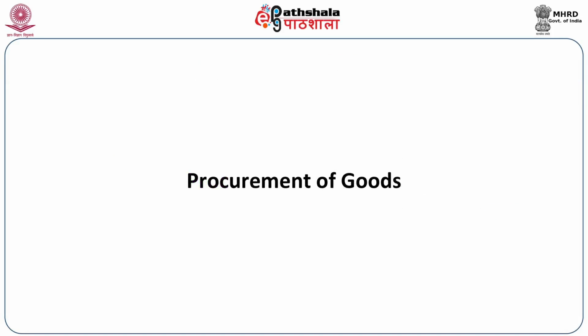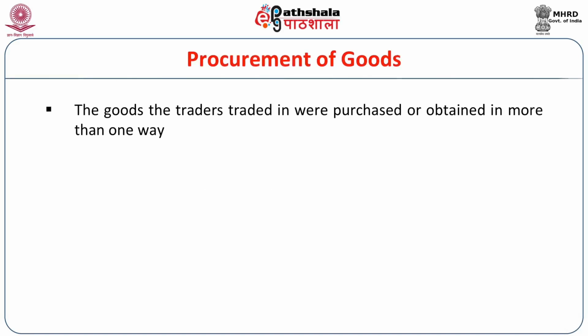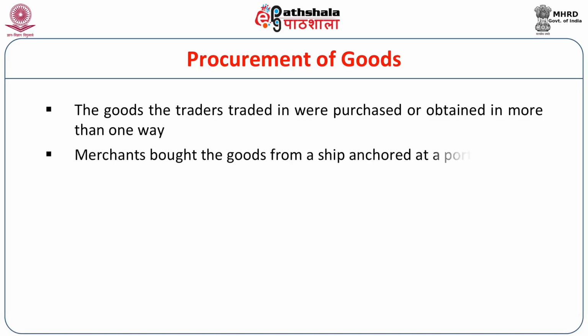So, now the question of the procurement of goods. How these goods were traded from one place to another. The goods the traders traded in were purchased or obtained in more than one way. Merchants bought the goods from a ship anchored at a port. On another occasion, we have made you understand that a port is an important gateway to overseas trade.